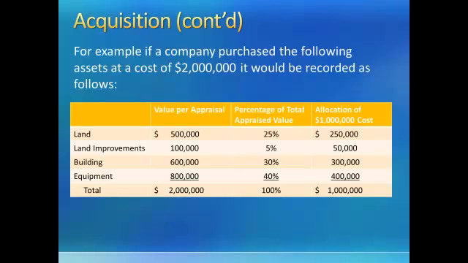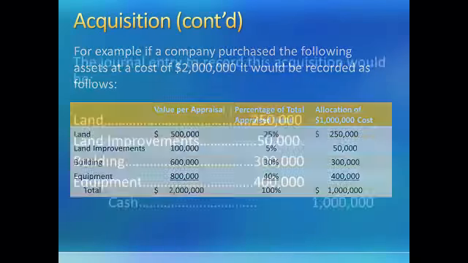So we will allocate 25% of the purchase price to the cost of the land, 5% of the purchase price to the cost of the land improvements, 30% to the building, and then 40% to the equipment. So we're allocating the total cost of the acquisition to the individual parts, so we have 4 identifiable assets on our balance sheet.